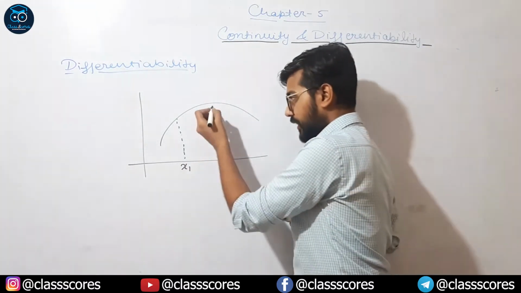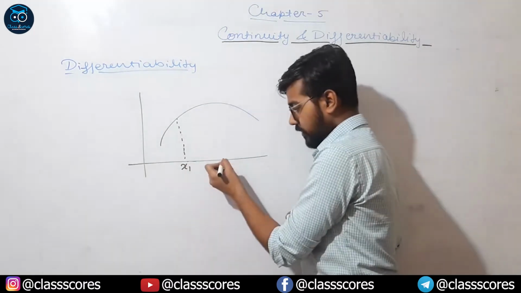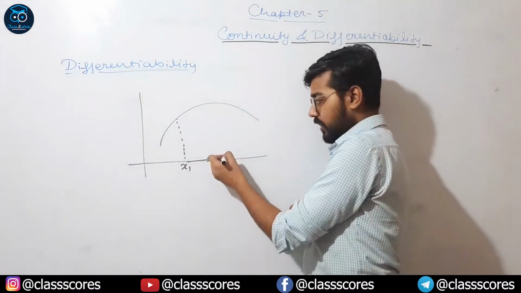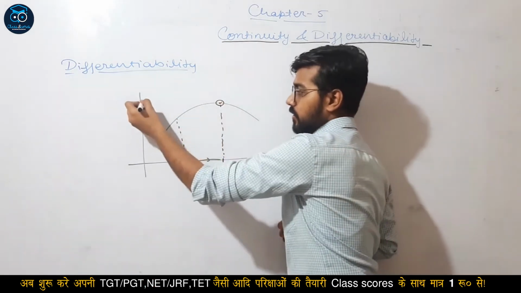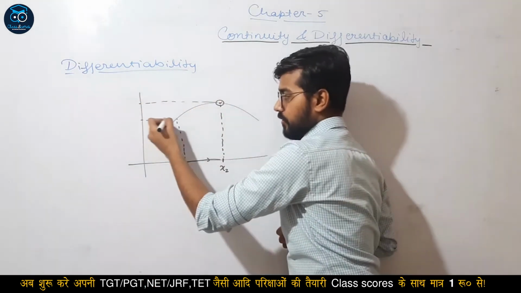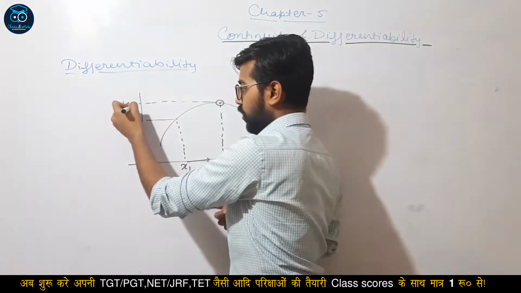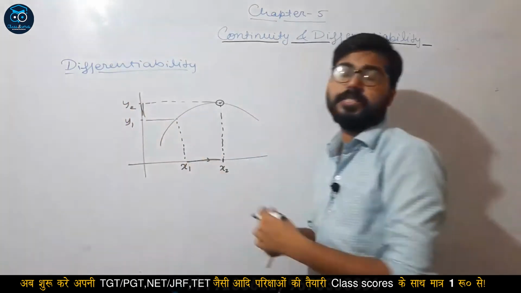If we increase the value of x, suppose here, then because of just the increment of x, there will be a change in the value of y as well. Here the value of y is y1, and because of this change we get some change in y as well.